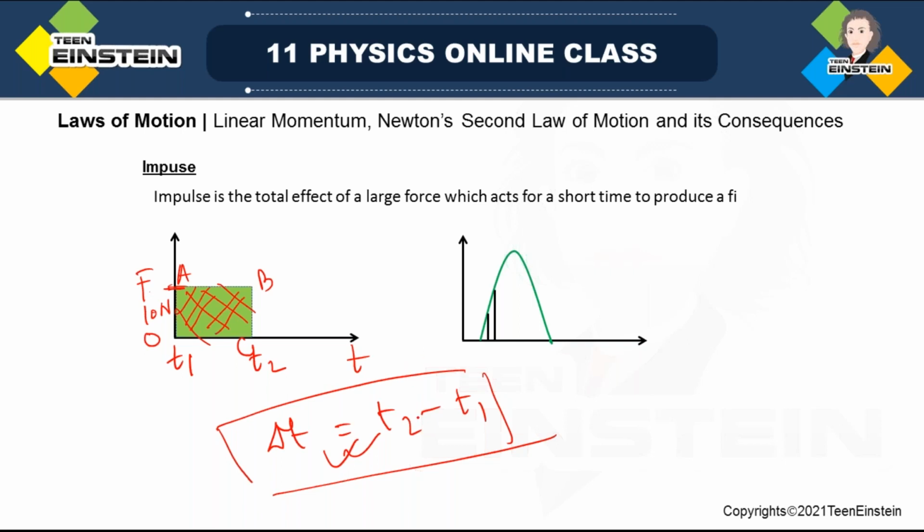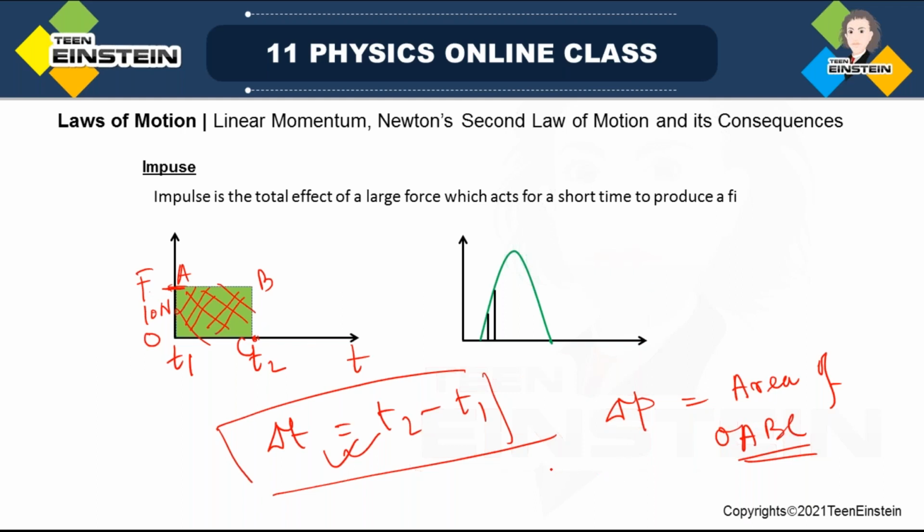In some cases you are given the parameters like the force and the time interval, but you will be asked to find something else. You will get the change in the momentum from the area of the OABC rectangle. This is the change in the linear momentum.